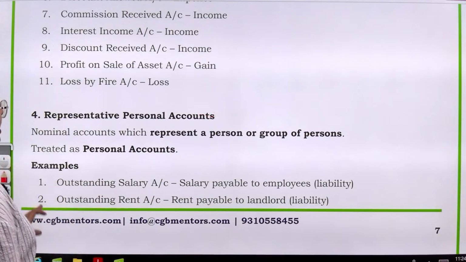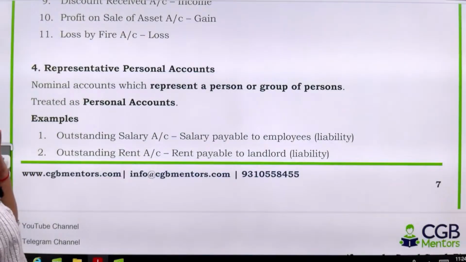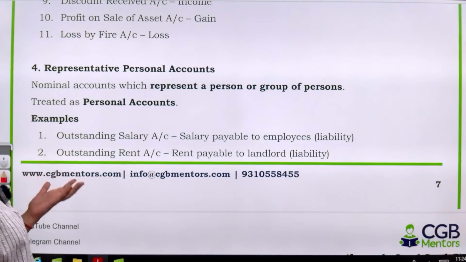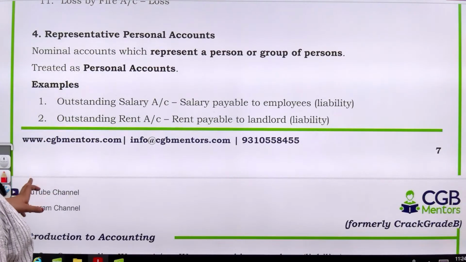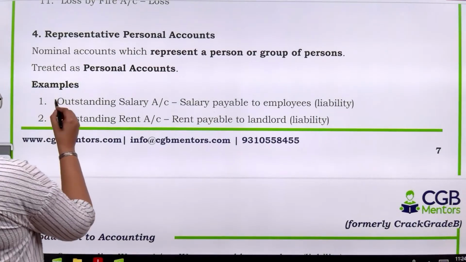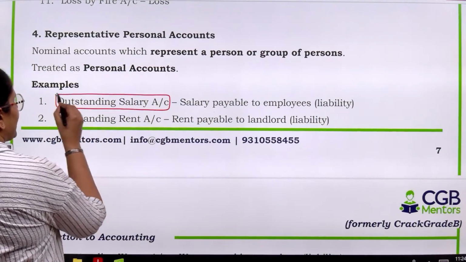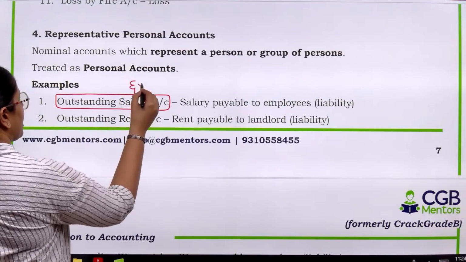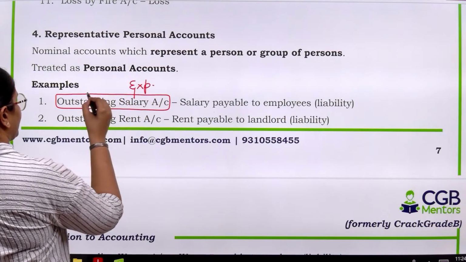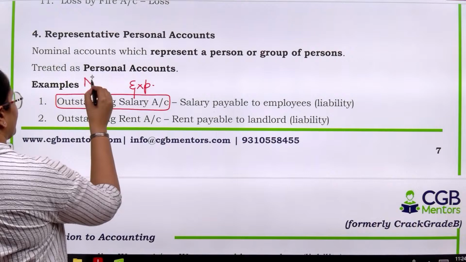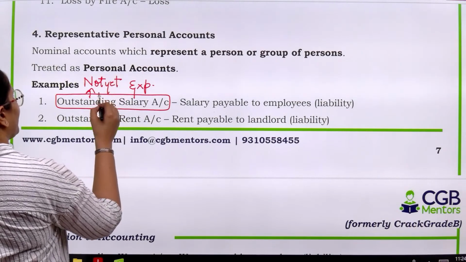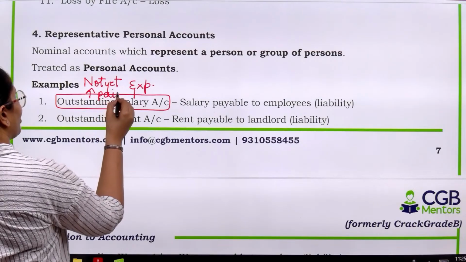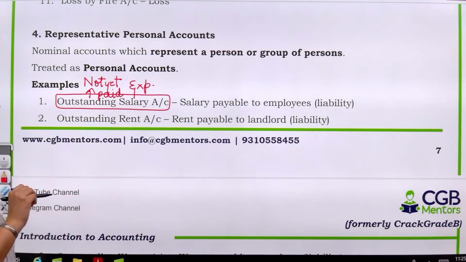Now let's see this. Accounts which represent a person or a group of persons are called personal accounts. Now we understand this. For example, outstanding salary. Salary is an expense, but it is outstanding, that means not yet paid. So you have not paid, which means now you have to pay somebody.